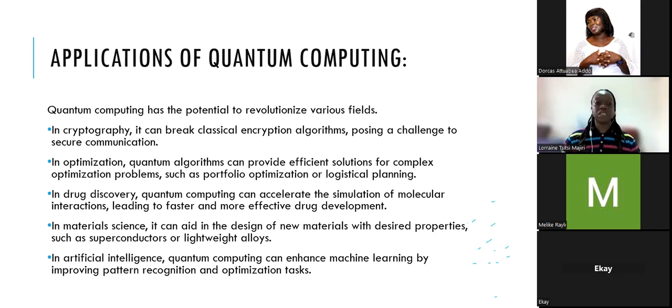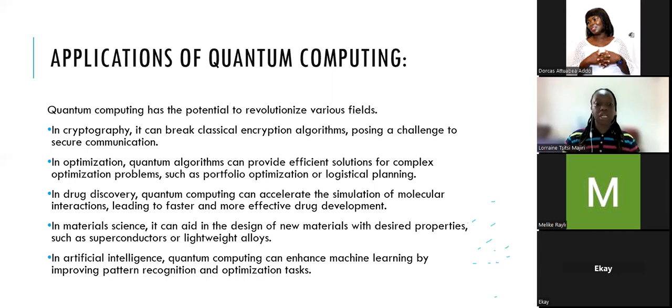Quantum computing can also be used in drug discovery, which is something that I mentioned earlier on. In drug discovery, quantum computing can accelerate the simulation of molecular interactions, leading to faster and more effective drug development. It can also be used in material science to aid the design of new materials with desired properties, such as superconductors or lightweight alloys.